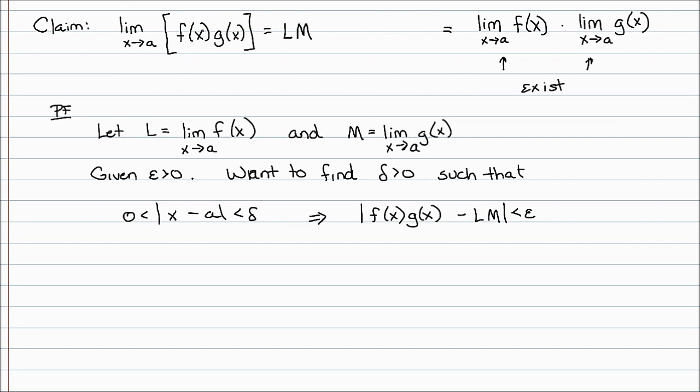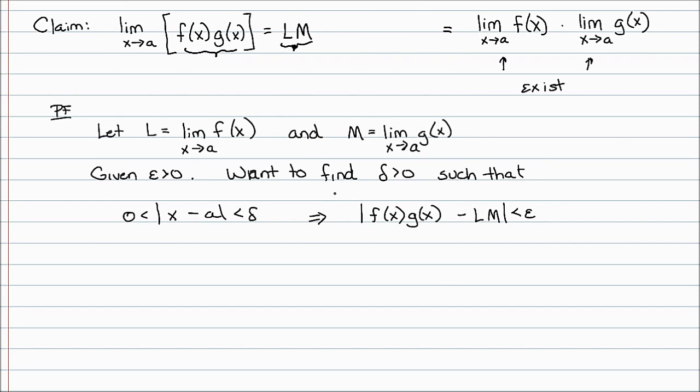Somebody's going to come along, give us an epsilon, and say, I bet you can't find a delta neighborhood such that when you plug in an x from that delta neighborhood, it lands in some epsilon neighborhood around LM. So we want to find this delta such that the distance between x and a being less than delta will imply that the distance between our function and its limit is less than epsilon.